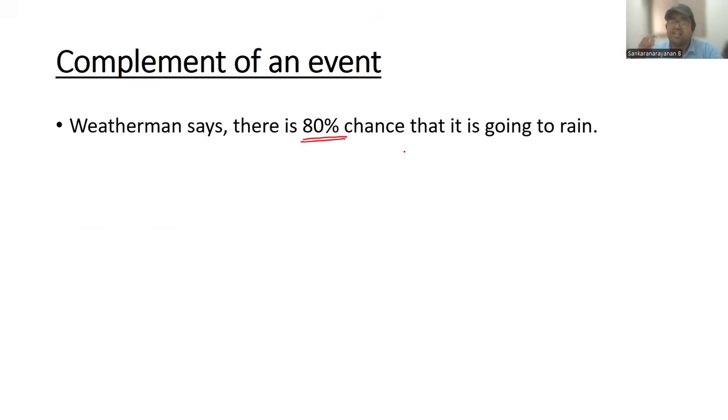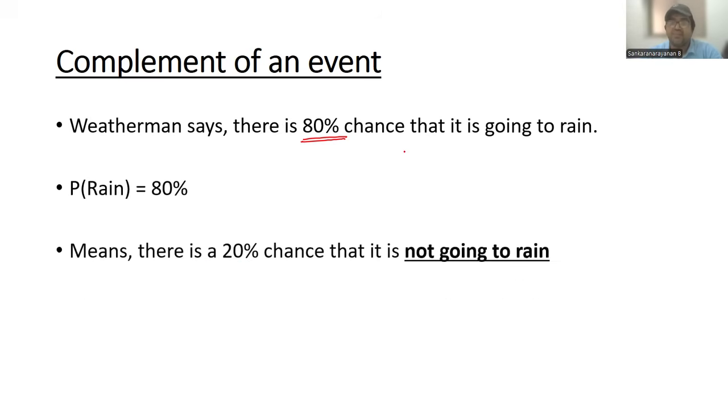On the other side, if the probability that it is going to rain is 80%, there is a 20% chance that it is not going to rain. We won't say that there is a 20% chance that it is going to shine. There's a 20% chance that it is not going to rain.